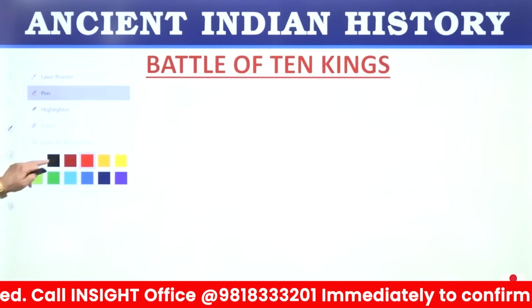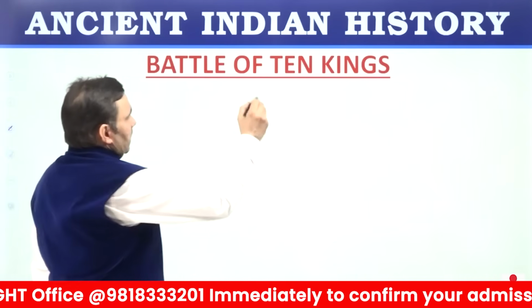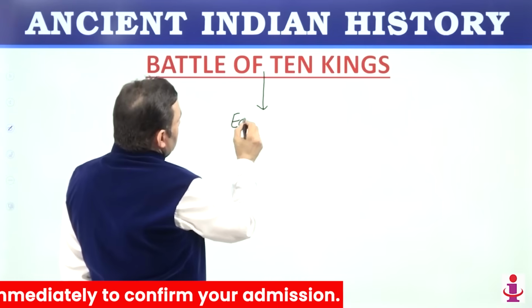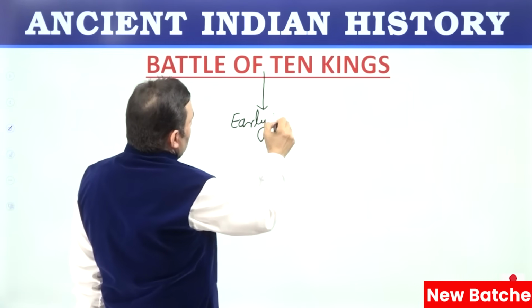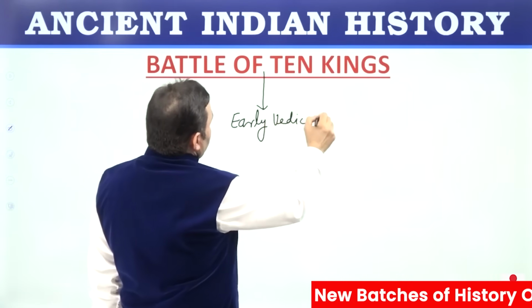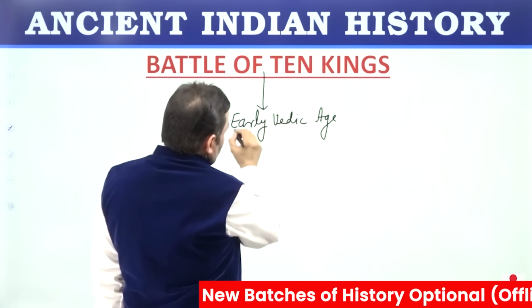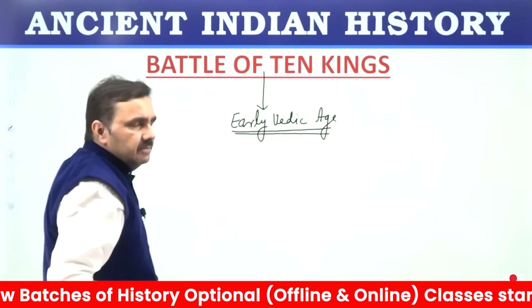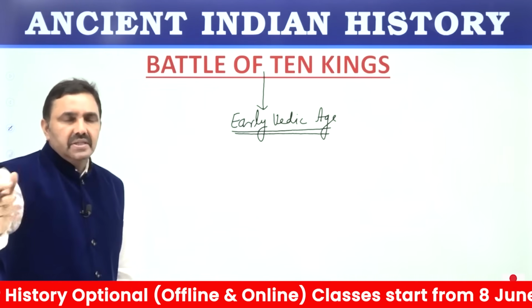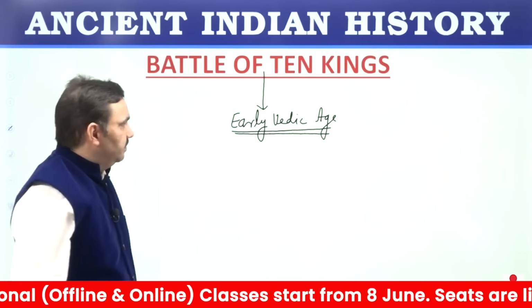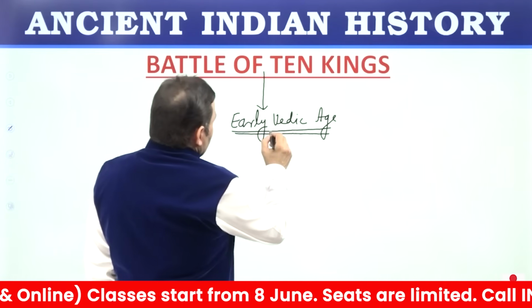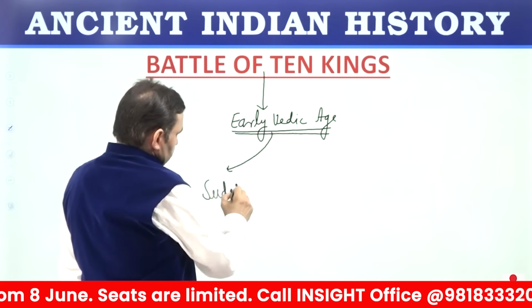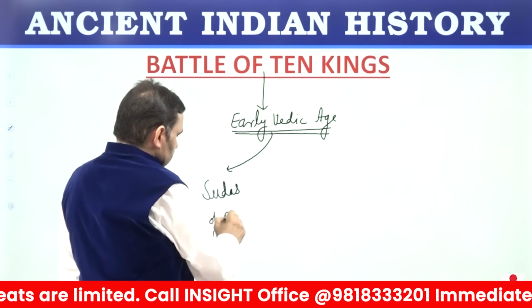One of the battles here was the Battle of 10 Kings. This was a battle during early Vedic age. So it is mentioned in Rig Veda. At times the term is used Rig Vedic Samhita. So Rig Veda, Rig Vedic Samhita, you can understand these are one and the same. On one side was King Sudas of Bharata tribe.